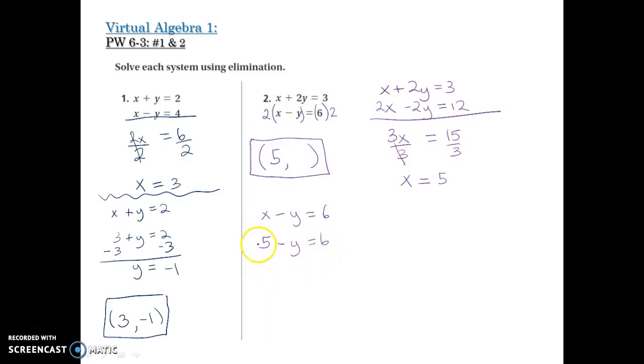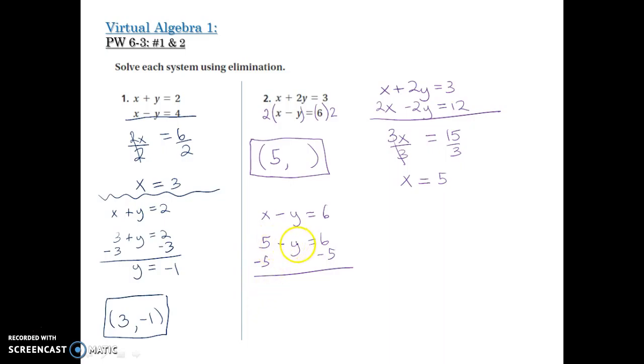Now what I've got is a positive 5 minus y, which is the same thing as negative y plus 5. So what I'm really doing to the y is adding 5, and there's also a negative 1 multiplied by it. So I'm going to get rid of the adding 5 first. I'm going to do minus 5 from both sides. 5 minus 5 is 0.